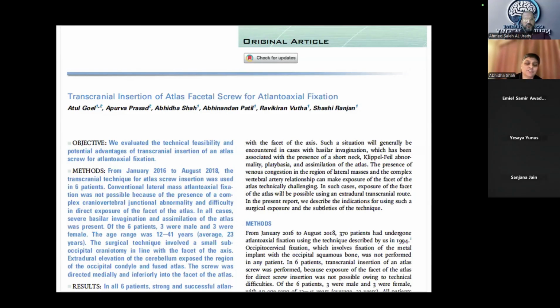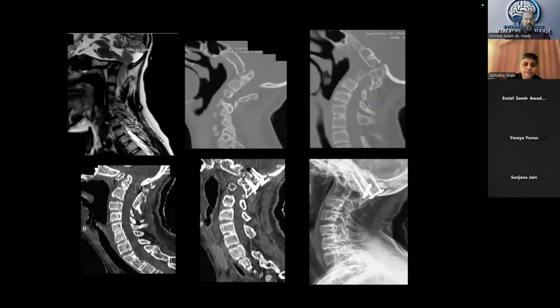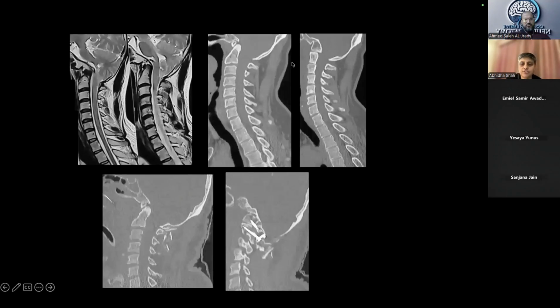Sometimes the basilar invagination is so high that it's difficult to reach this joint. So what you can do is make a small opening in this region of the occiput on the lateral side, identify the facet from superiorly, and then direct the screw into the C1 from a superior aspect.